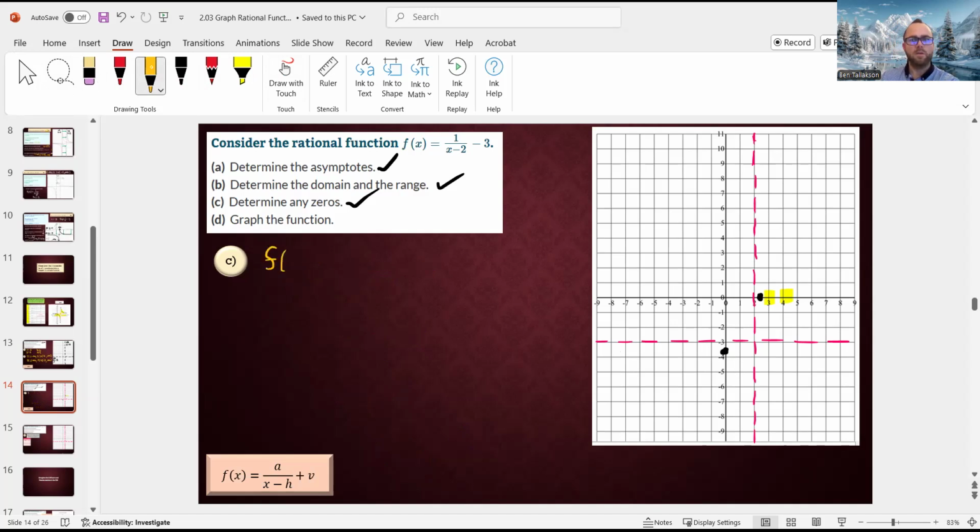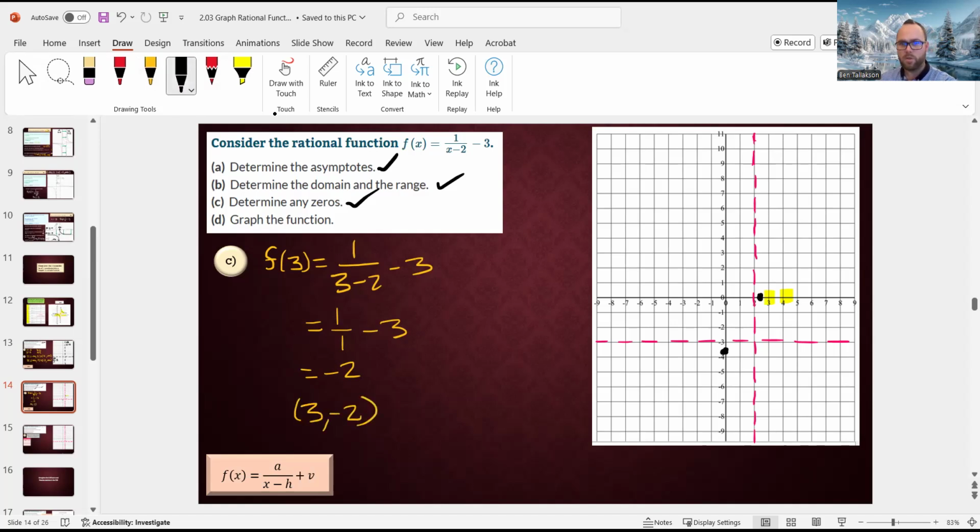So f of 3. So what do we get? 1 over 1 minus 3. That's negative 2. Okay, so when x was 3, y is negative 2. 3, negative 2.